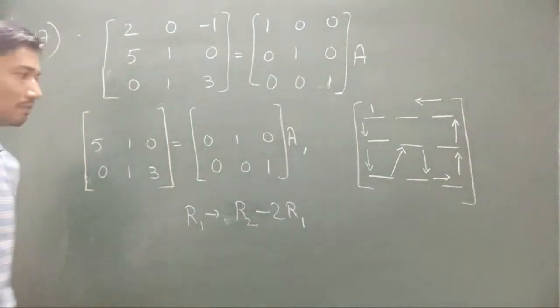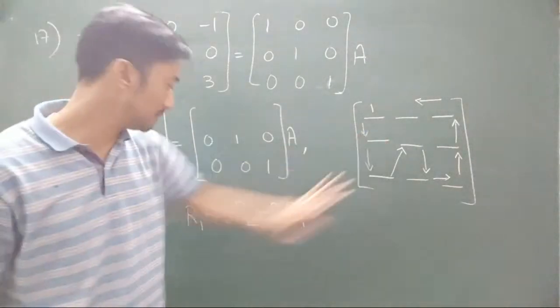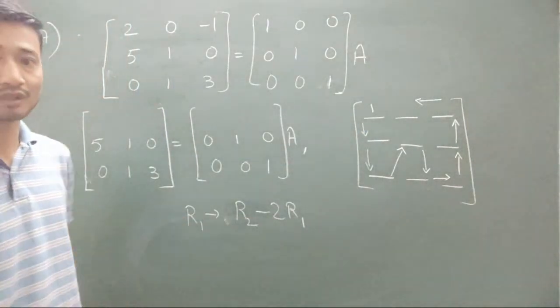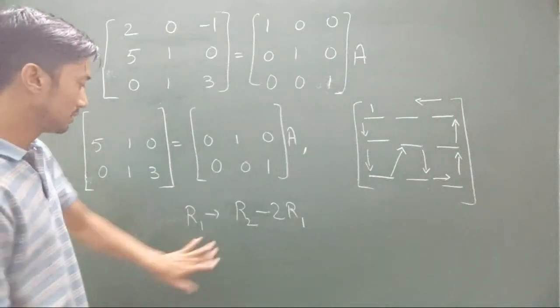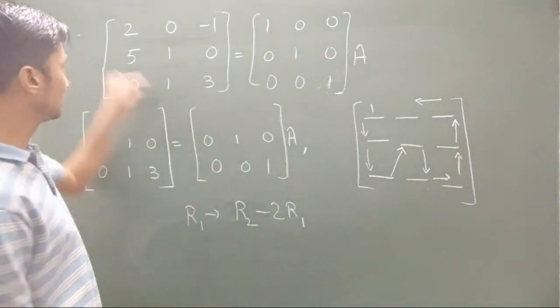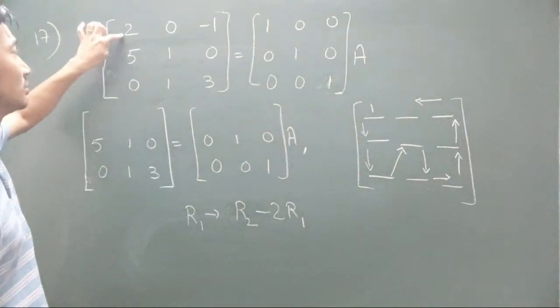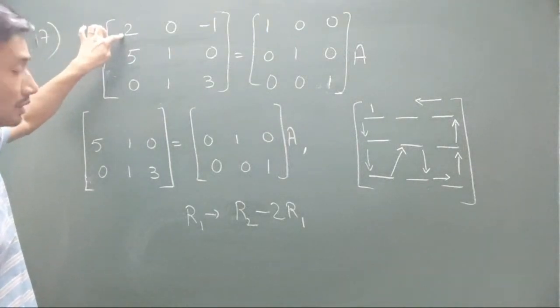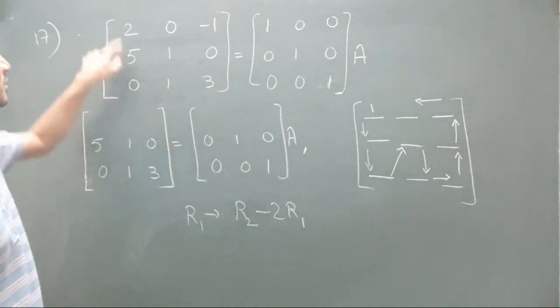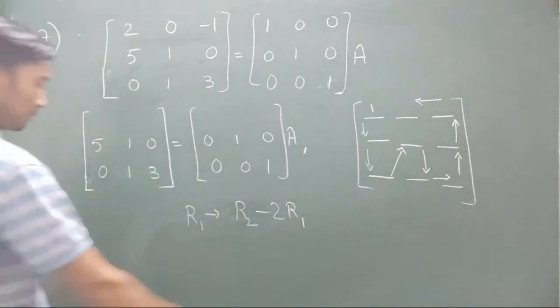Since there is no space here, I'm just writing it down here. Row 1, 5 minus 4 is 1, isn't it? 5 minus 4 is 1. So like 5 minus 2 times of row 1. I think that will do. So R2 minus 2 times of R1.